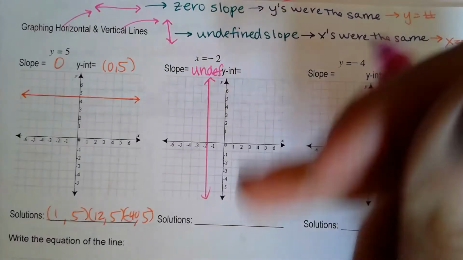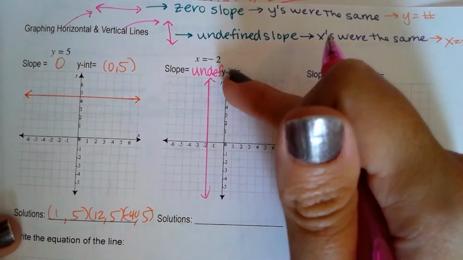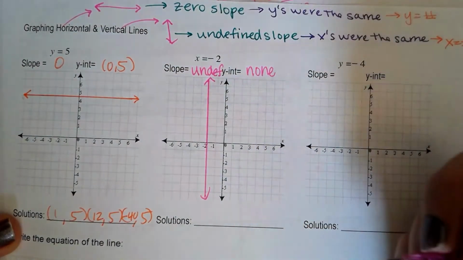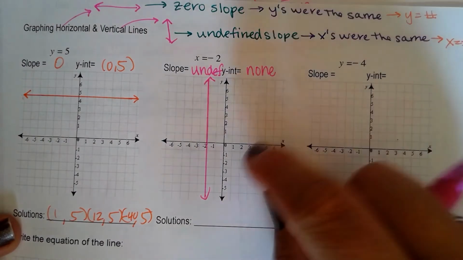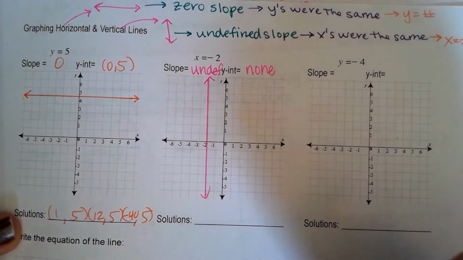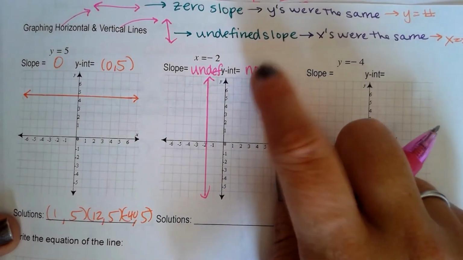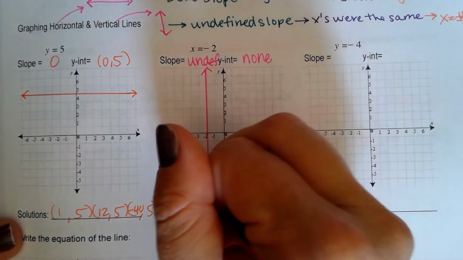And you'll notice, did it ever touch the y-axis? No. So this is none. The only time it's going to touch the y-axis is if it is the y-axis. So if it's x equals 0, that's the only time it's going to have a y-intercept, okay?